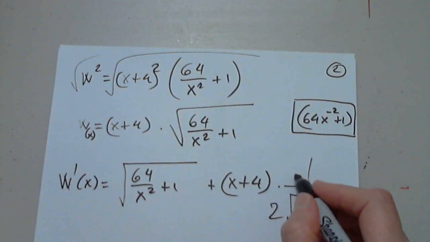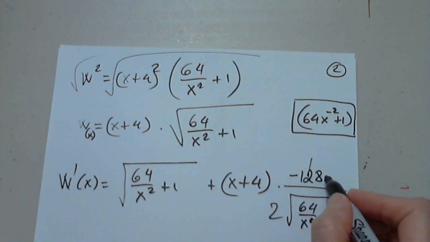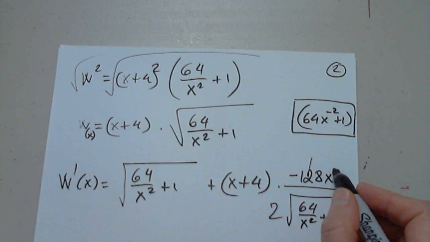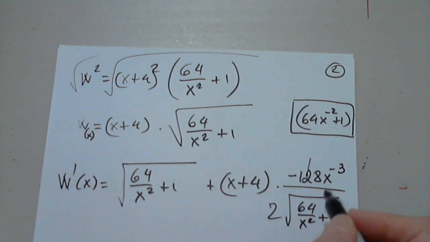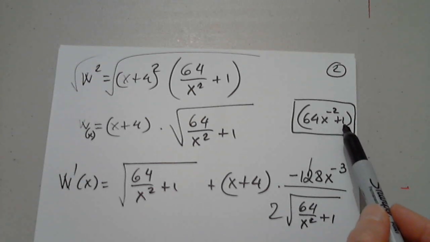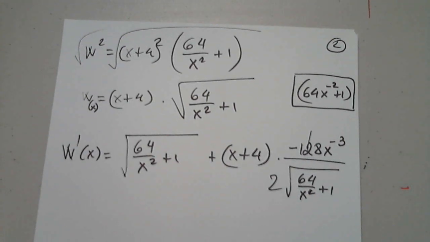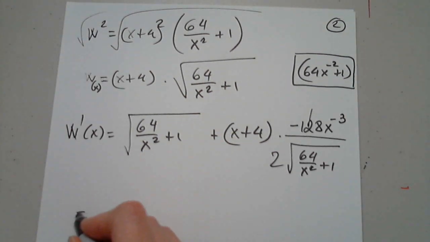So I have negative 128x to negative 3. So bring down negative 2 and subtract 1 from the power, and the 1 prime is 0. So that's it for now. Okay.